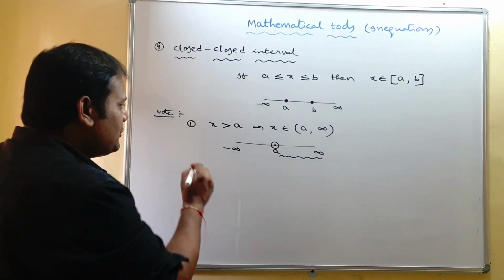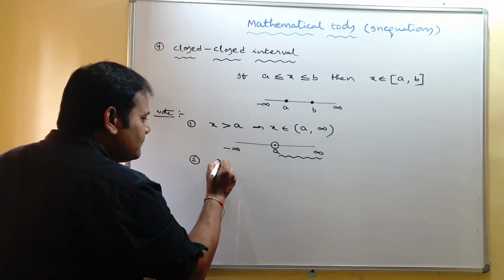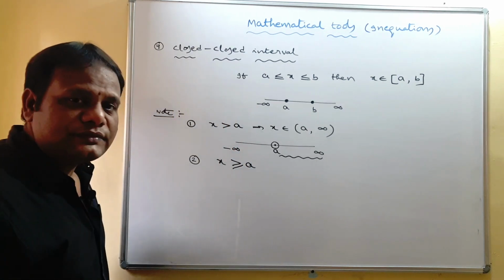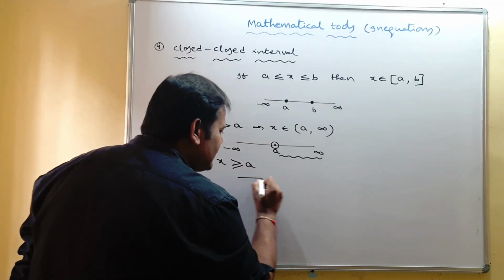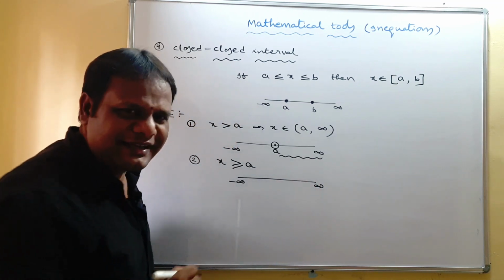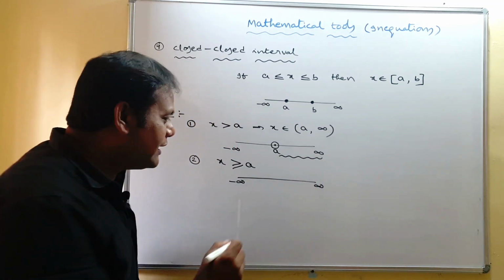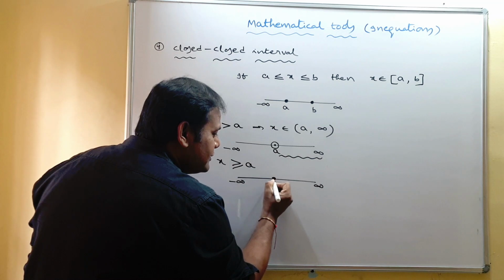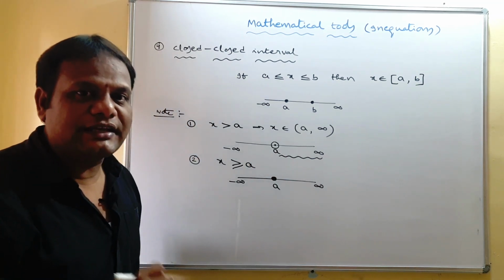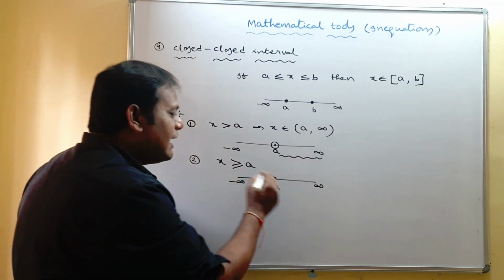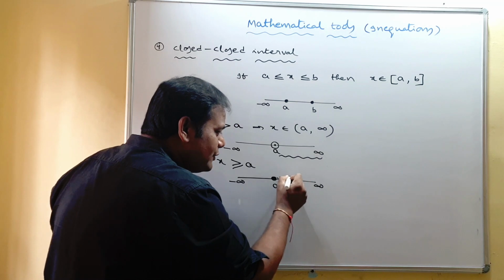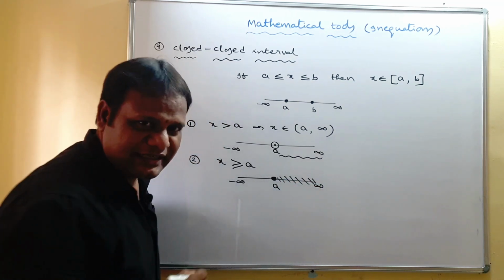Suppose while solving a question, you may arrive at x greater than or equal to a. X greater than or equal to a means, is a included? Yes, a is included and more than a. So I have taken one dark circle at a. And more than a means after a you can take every value.